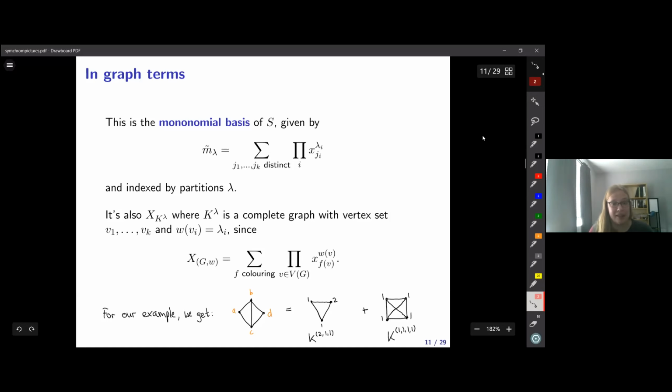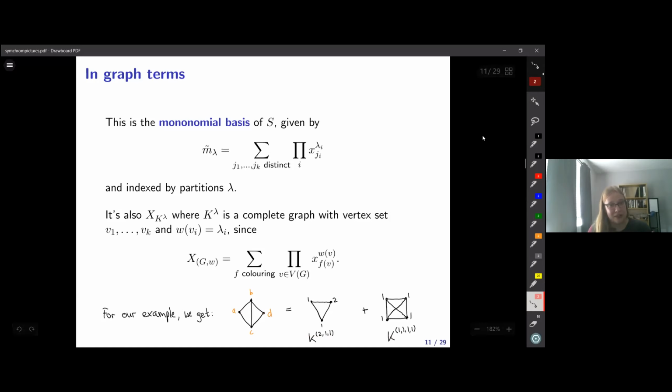And now something nice happens, which is if you look at this formula we've written here, this is actually the deletion contraction formula, right? If you look at this edge, then the graph on the left is the graph with that edge deleted, and here we have that edge contracted, and here the edge is still present.